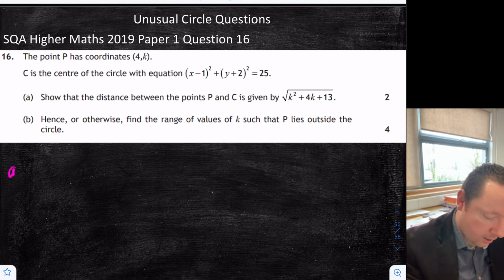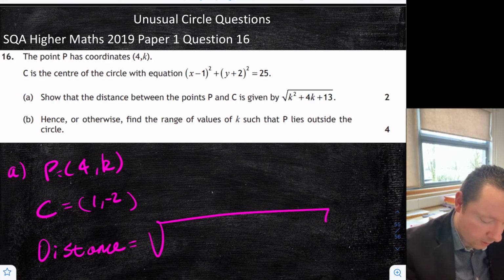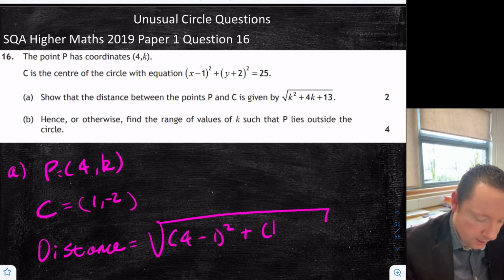So part A, we've got our points (4, k) and the centre of our circle is equal to, well, let's have a look. We've got (1, minus 2). So we can work out the distance between them. That is going to be the square root of the difference in the x's, 4 minus 1 squared, plus the difference in the y's, k minus 2 squared.